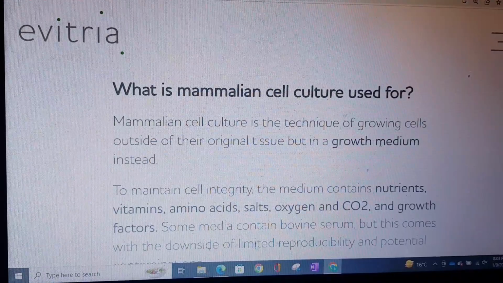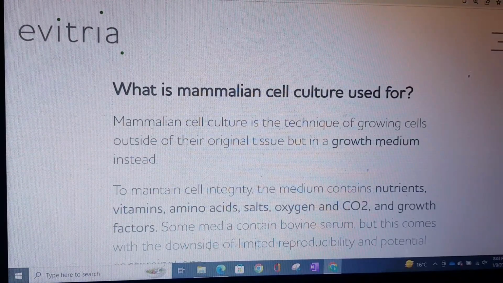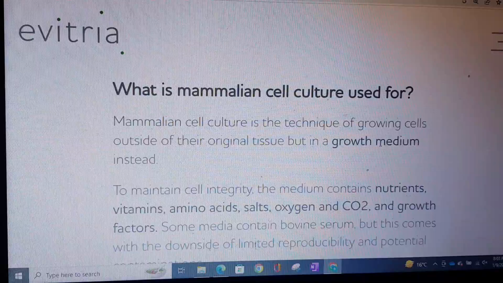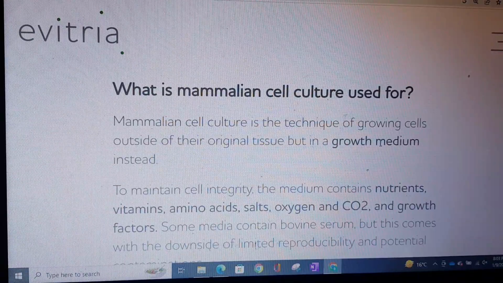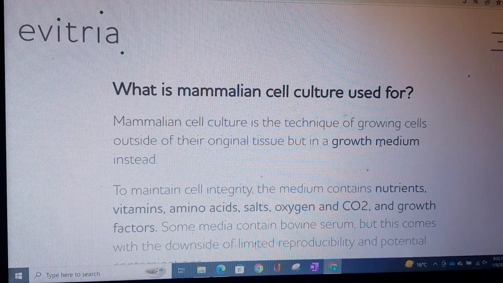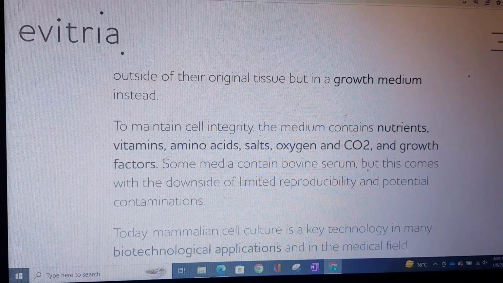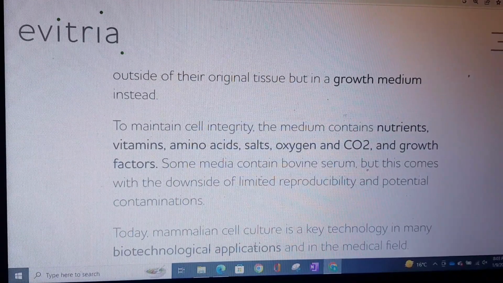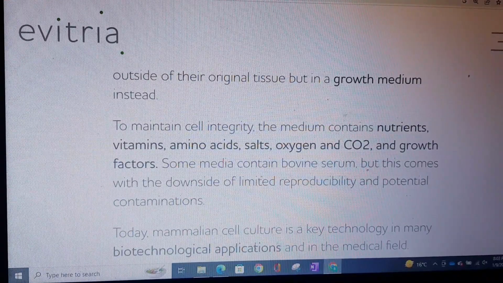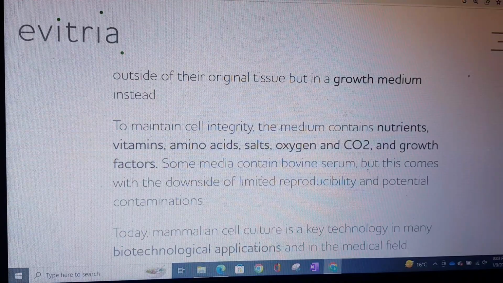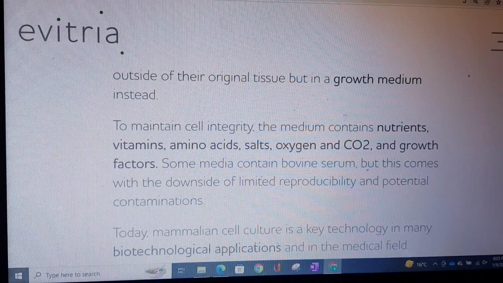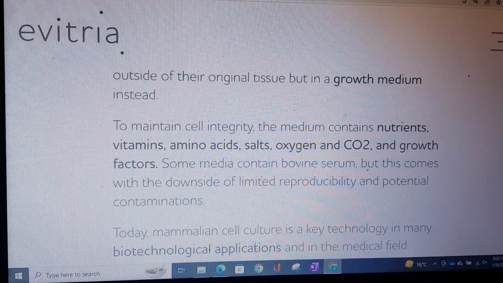Mammalian cell culture is the technique of growing cells outside their original tissues, that is in vitro, in a growth medium instead. So, in in vitro conditions, to maintain the cell integrity, the medium contains nutrients, vitamins, amino acids, salts, oxygen, carbon dioxide, and other growth factors.